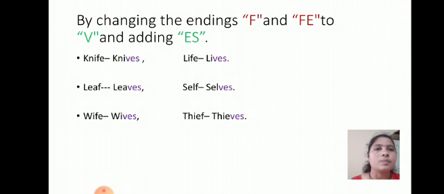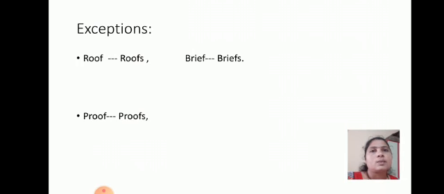Thief, thieves. The word thief also ends with f. So in plural form we remove f and add ves at the end. So it becomes thief, thieves. There are some exception words also. For example, roof.